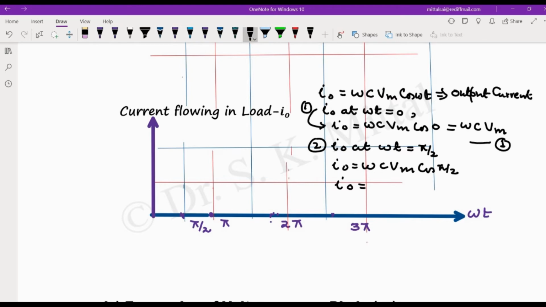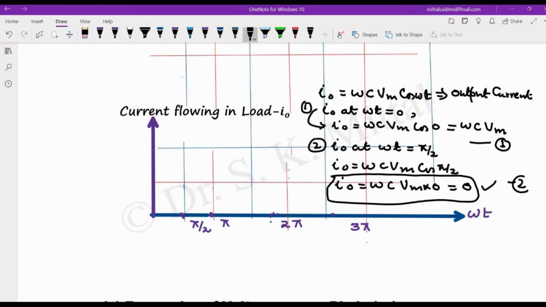Therefore, I0 is equal to omega c Vm multiplied by 0, which is equal to 0. So we have obtained these two currents. This current is obtained at omega t is equal to pi by 2, and this current is equal to 0.